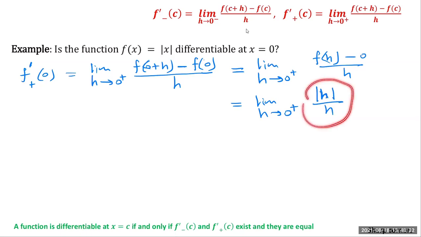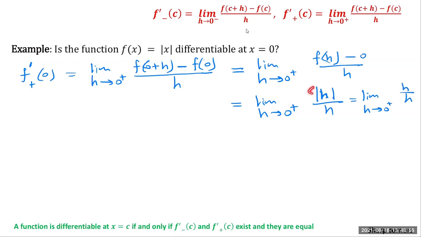Now, how do you handle this one? To find this limit, first of all, you need to get rid of this absolute value. Notice that h is approaching 0 from the right-hand side. That means h is a positive number. So this is equal to the limit as h approaches 0 from the positive side of h divided by h.